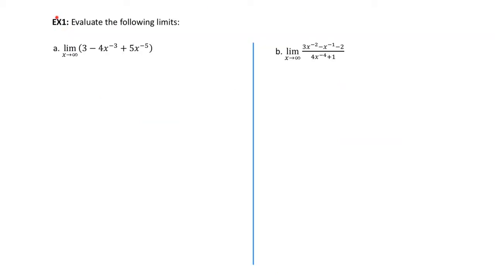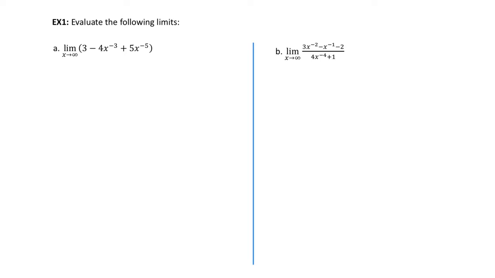Let's go over these examples. Example 1 is asking us to evaluate the following limits. Part A, the limit as x goes to positive infinity of 3 minus 4x to the negative 3 plus 5x to the negative 5th. Here I'm going to use a combination of things. I am going to use my knowledge of power functions because I can think of every single term as a power function.